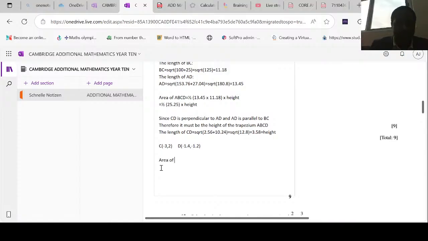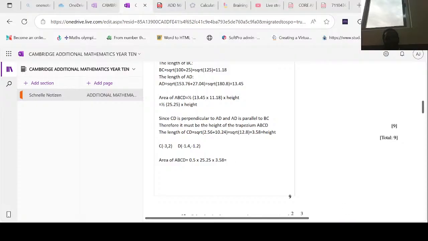The area of trapezoid ABCD becomes 1/2, that's 0.5, am I correct? Times 25.25, we've already gotten that, times our height 3.58. So do all the multiplication. Times 25.25, please.